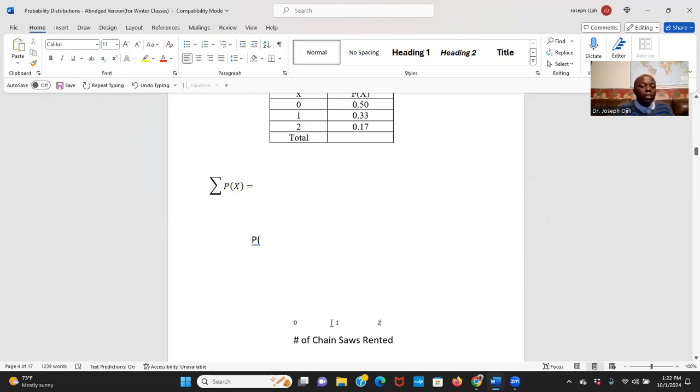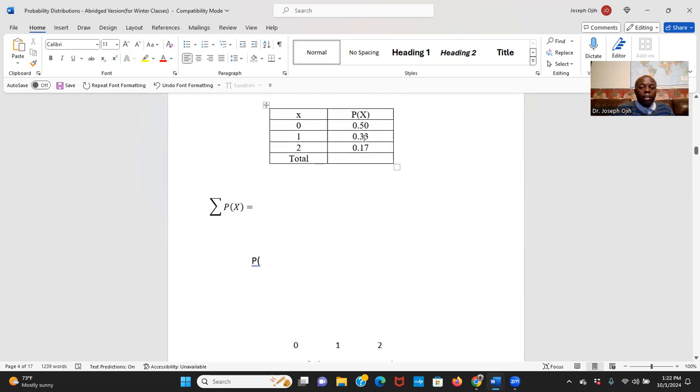Now I'm going to make it 16. Then we have their individual probabilities, they start from 0.1.